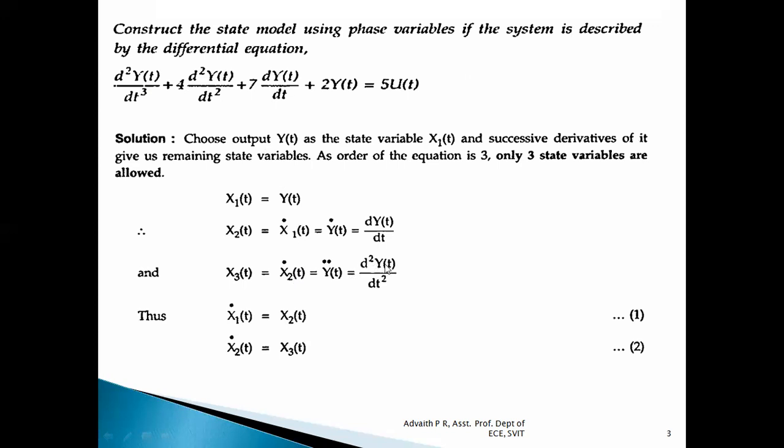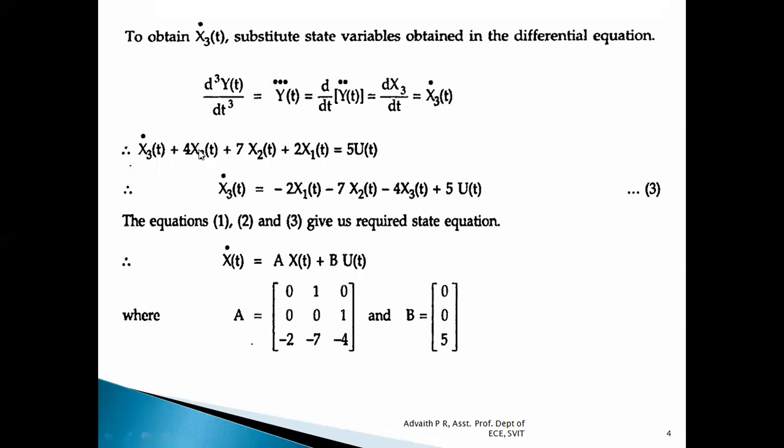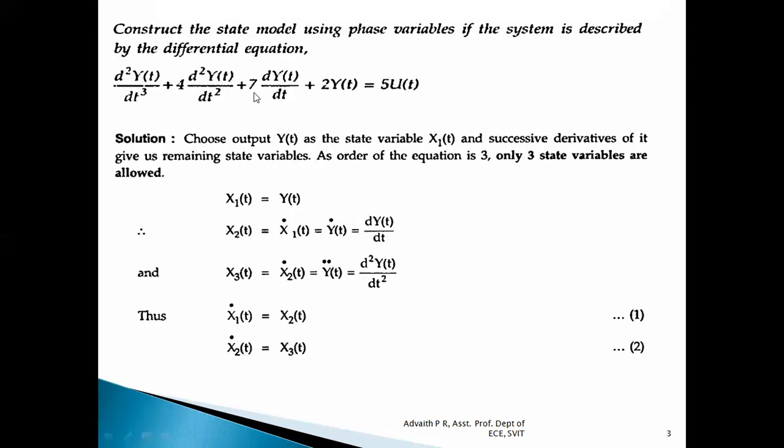This d square y by dt square is nothing but x3 of t. So we can substitute 4 into x3 of t plus 7 into dy by dt.